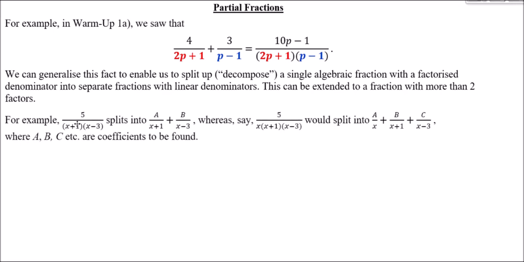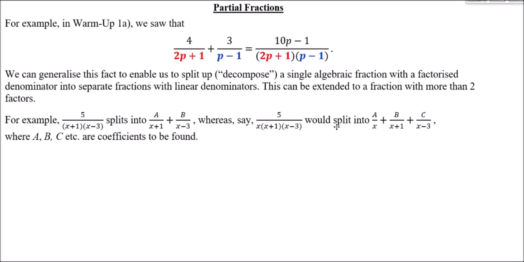So, for example, the algebraic fraction 5 over (x plus 1)(x minus 3) would split into a over x plus 1 plus b over x minus 3, where a and b are to be found. Whereas a different fraction, 5 over x(x plus 1)(x plus 3), has three separate linear factors, here, here, here.